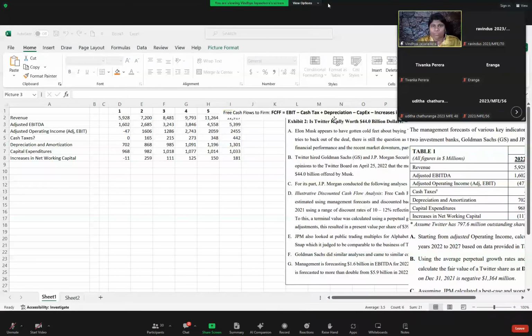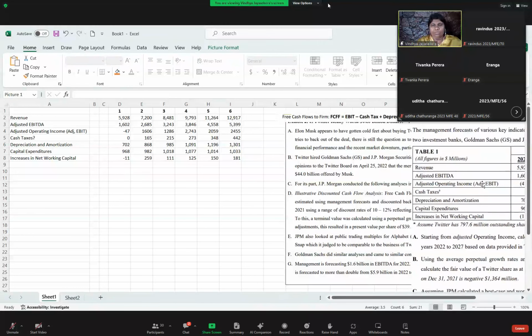Okay. That's a per share value. No, I think that's not the final value you should get. Have you made the adjustment?